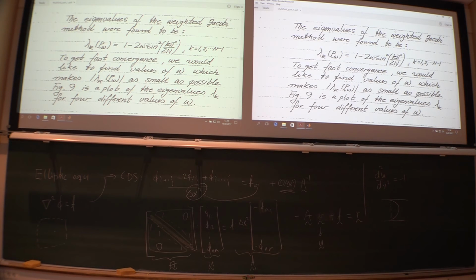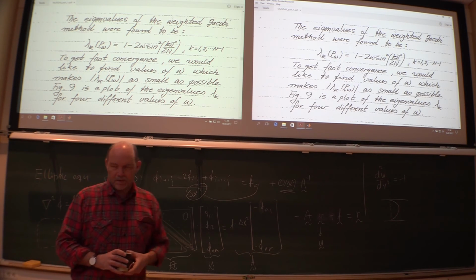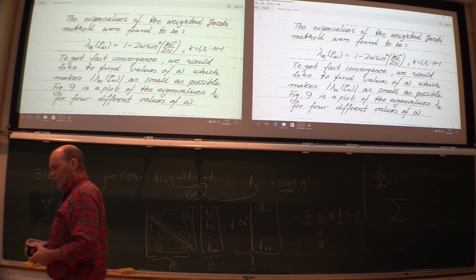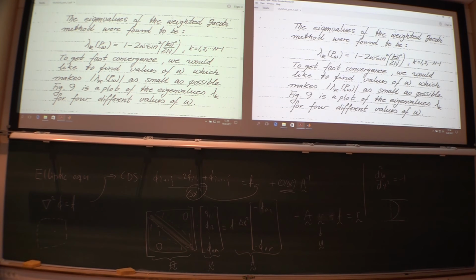How to find the value of an efficient omega? Again, I would say as engineers, you just play around with it. Omega 1, omega 0.9, 0.8, you play around with it and see which one is most efficient. Here they have done a little bit of calculation trying to find a very good omega.